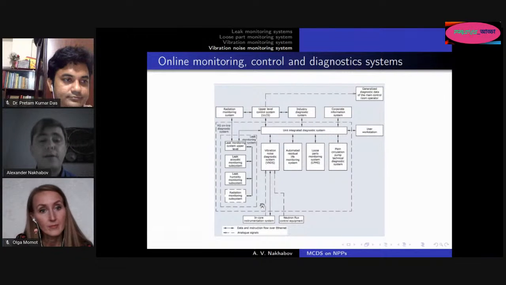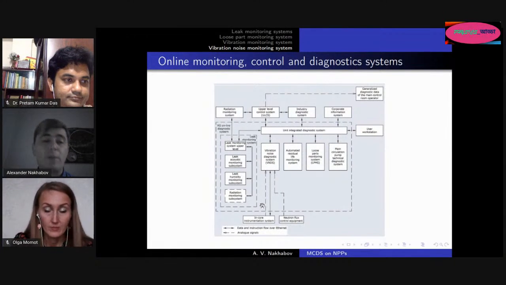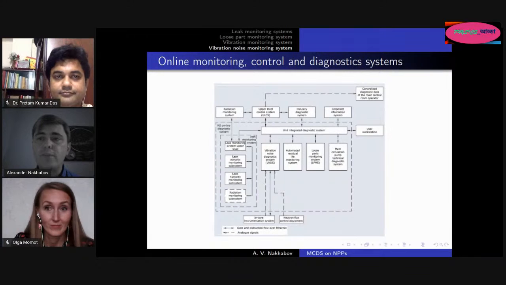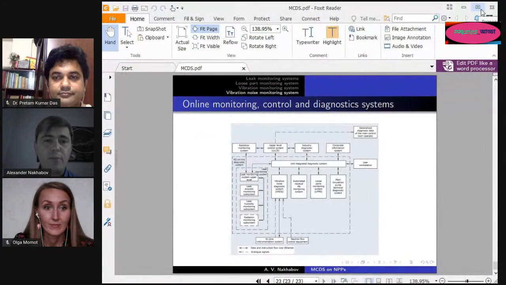Nevertheless, the idea is to provide a global system, not global, but in one country, to realize diagnostics of power units during operation, to increase safety and reliable work. So that's all. Thank you very much.